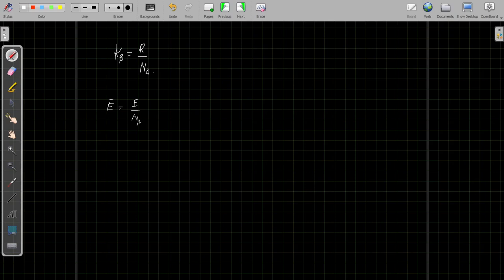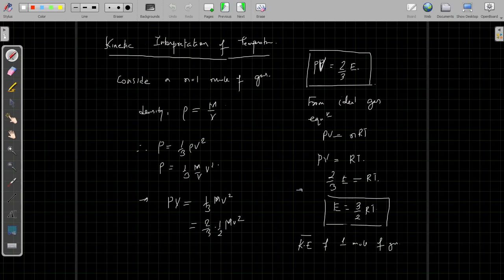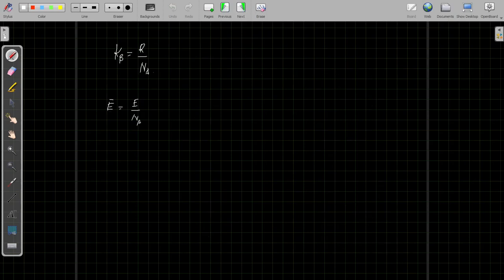So this is mean, remember. So now this is the total energy, total energy by total molecules, 1 mole, or Avogadro's number, right?